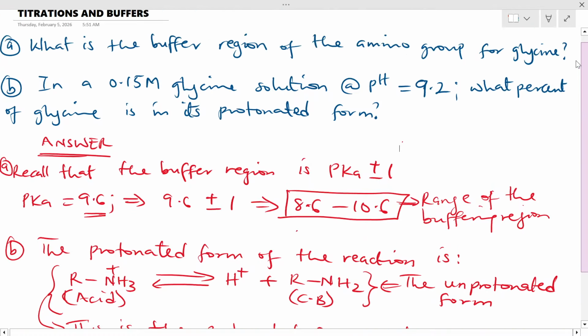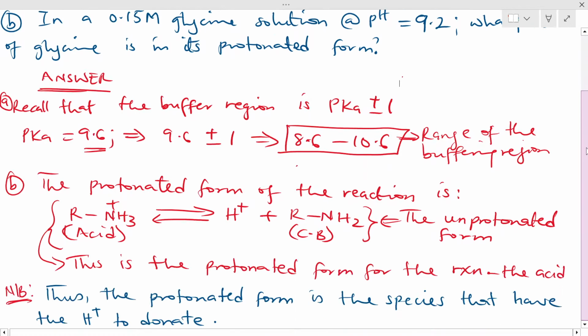So now to attack that question again, what you do is this protonated form of glycine of the reaction, you write out the full reaction like we did earlier, showing the acid that is giving off the proton right here and the conjugate base that is formed.